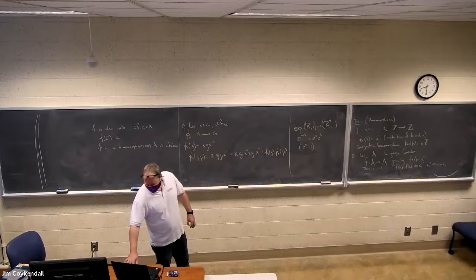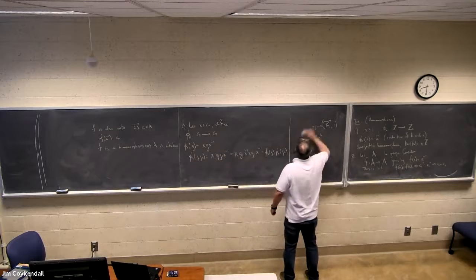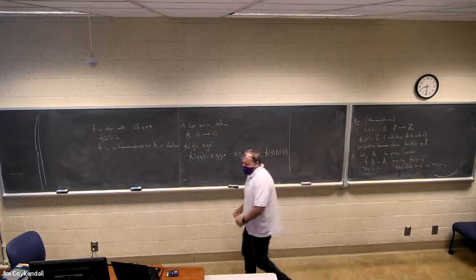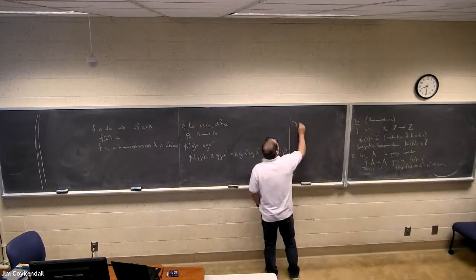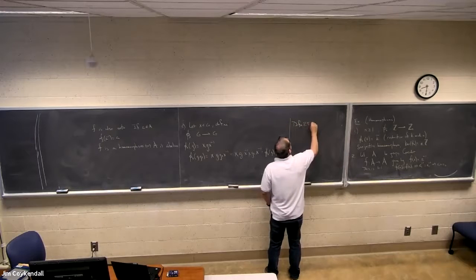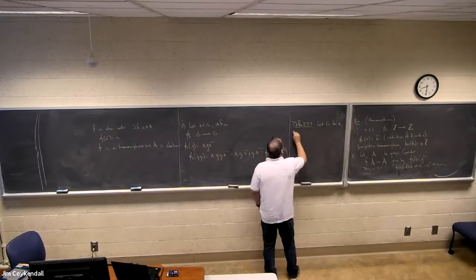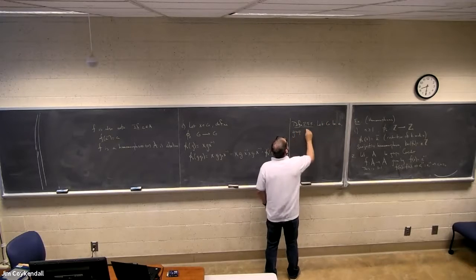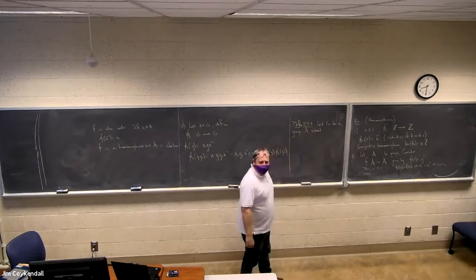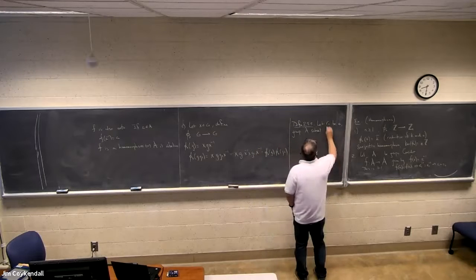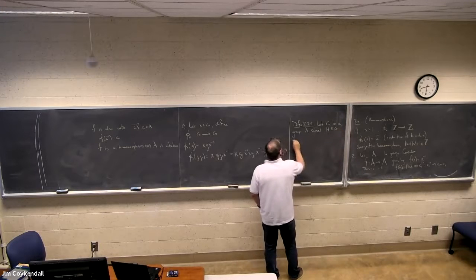Definition. A subset H of a group G is a subgroup if H is a group under G's operation. I should say non-empty, but it'll be obvious after I finish this definition.